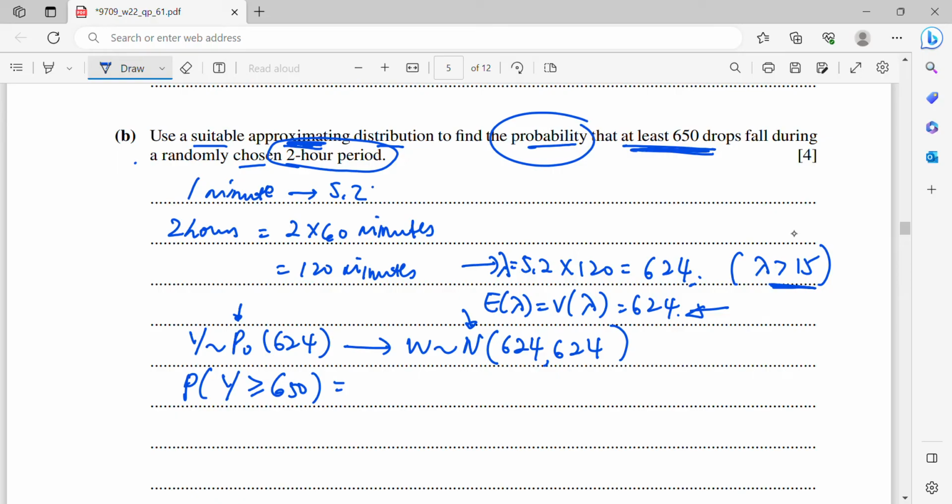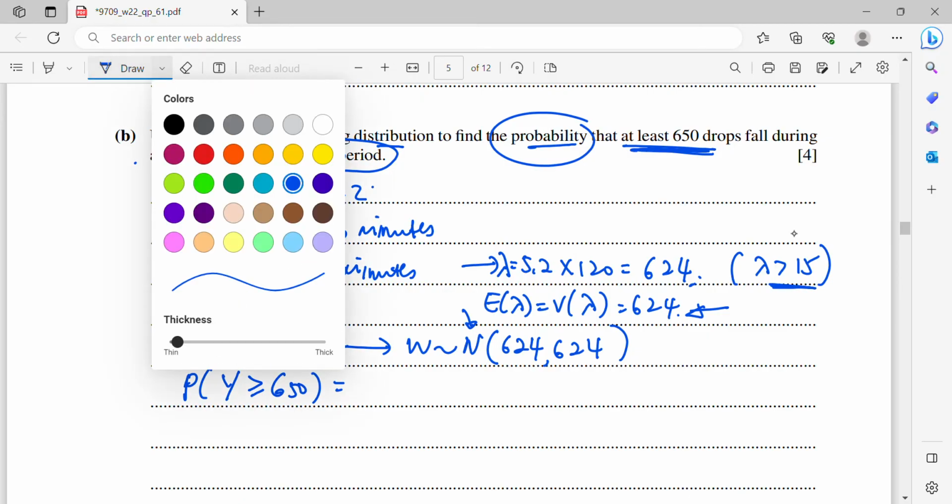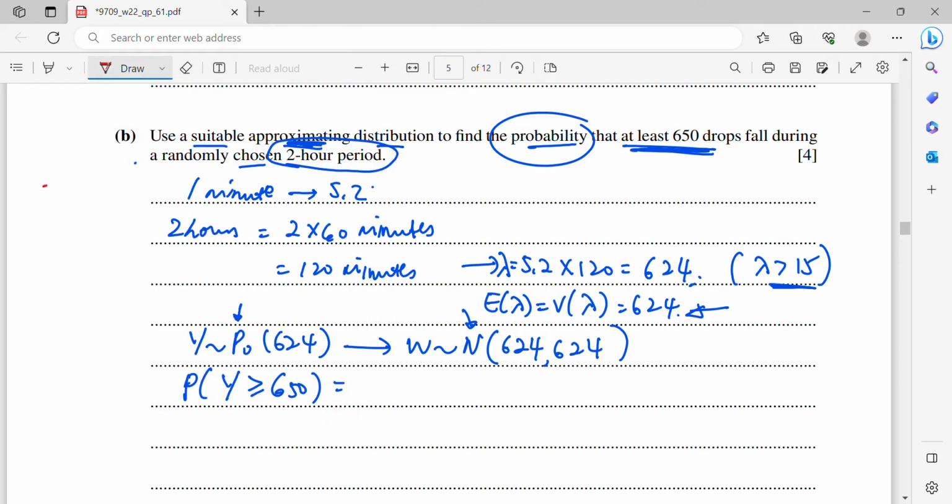Poisson is discrete and normal is continuous, two different types of random variable. Therefore, we need to consider the continuity correction. Continuity correction means you need to decide whether to add 0.5 or subtract 0.5 from the given value, which is 650. Y greater than or equal to 650 means it could be exactly 650, followed by 651 and so on.